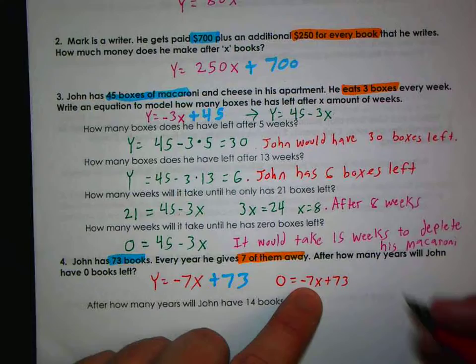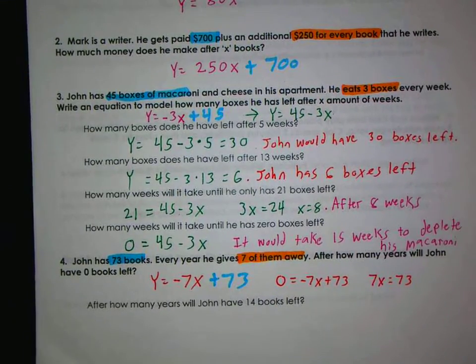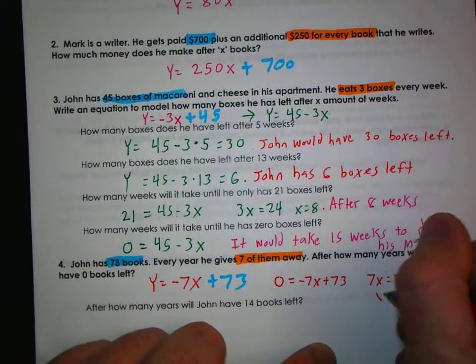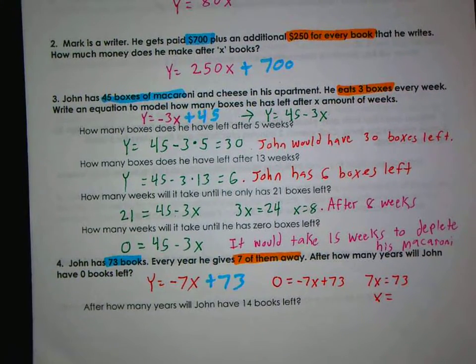And then add 7x to both sides. Divide by 7. X equals what? Well, 73 divided by 7.